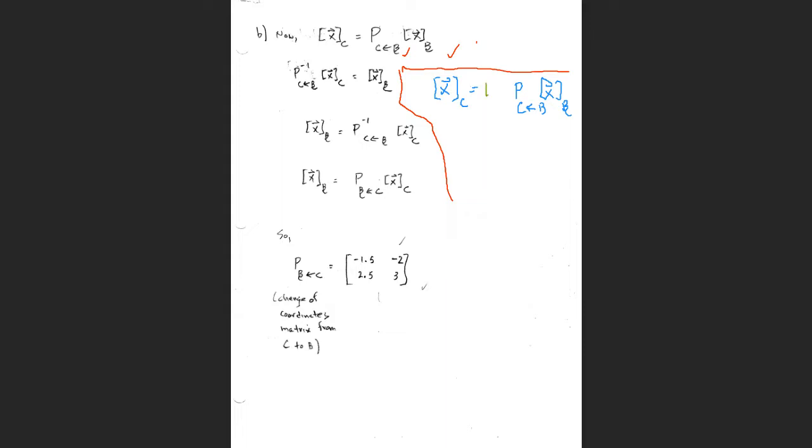So I will multiply by the inverse of that change of coordinates matrix, both sides, naturally.